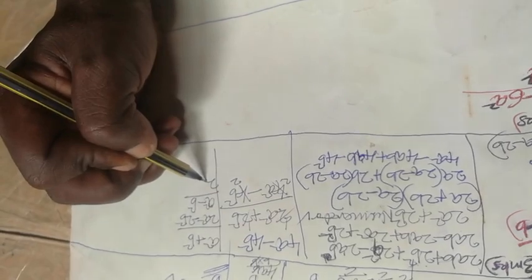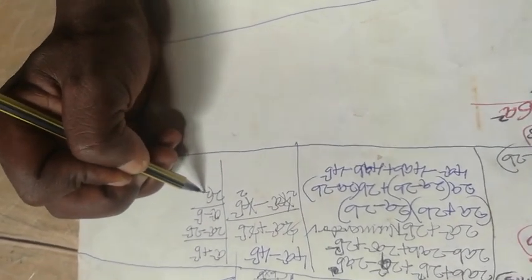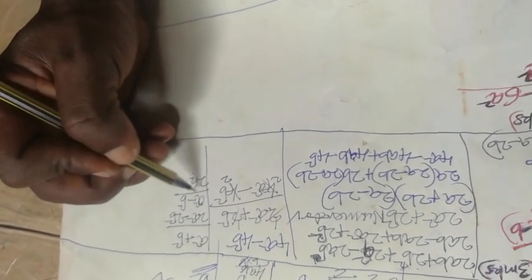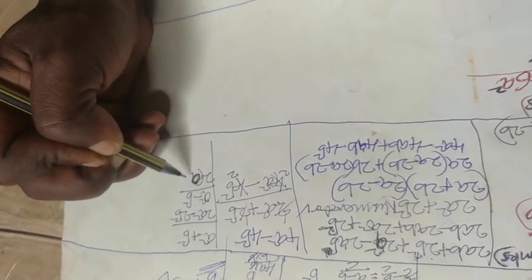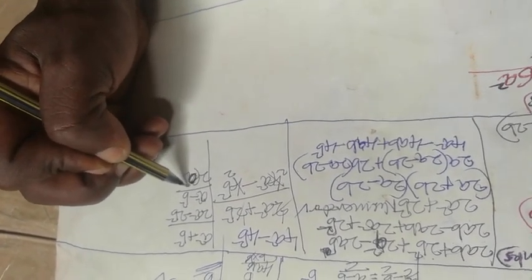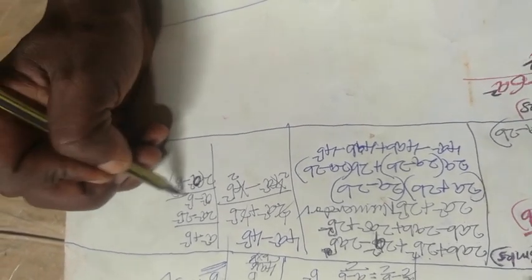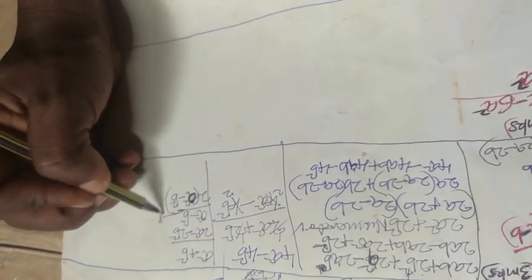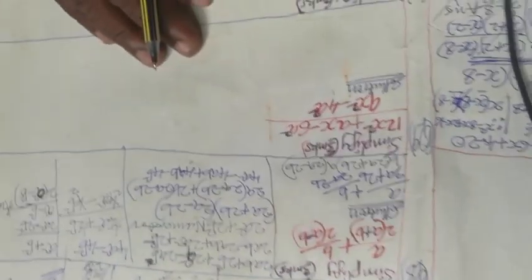We are going to factor out 2 because it is common. Brackets 2, a squared minus b squared. Now this is the final answer.